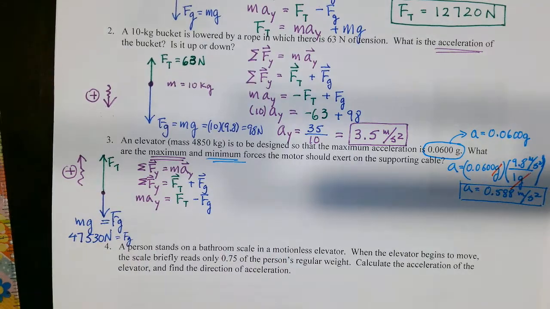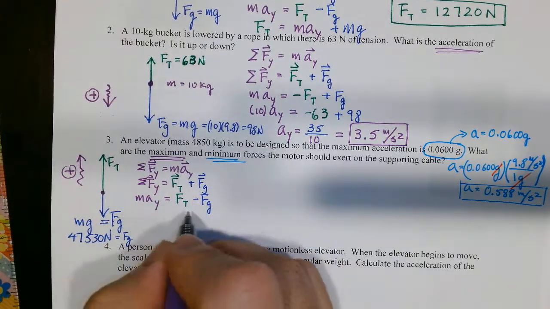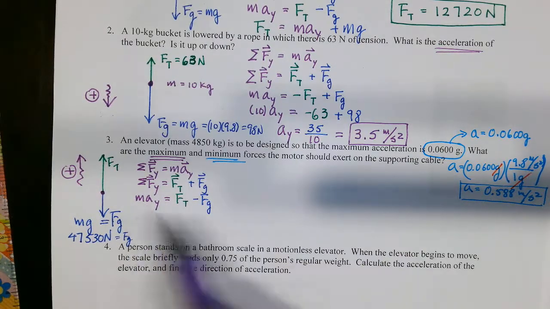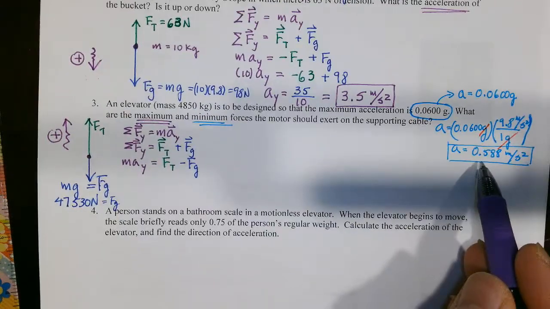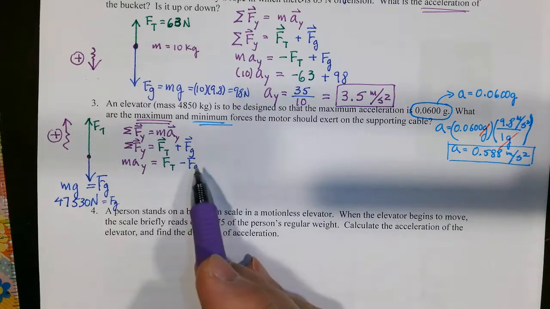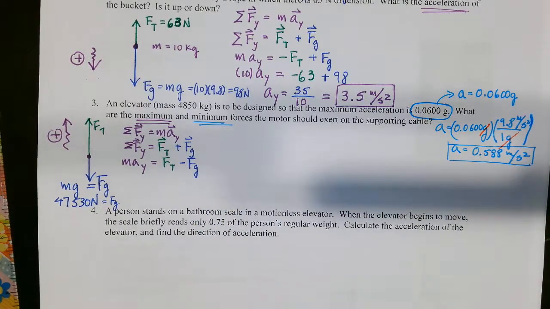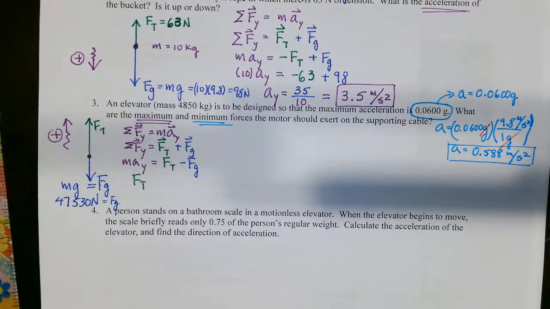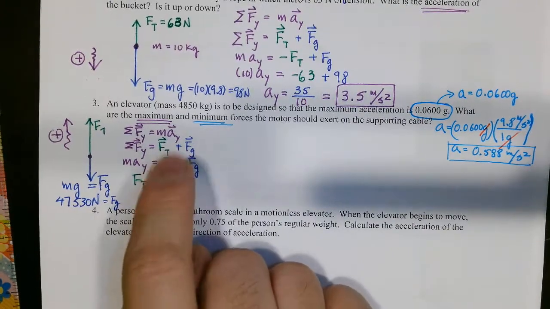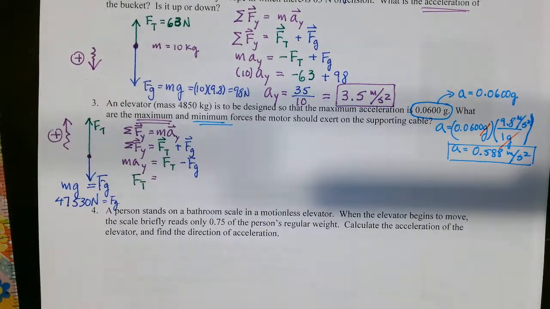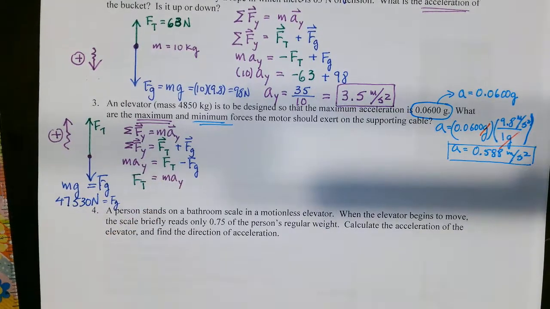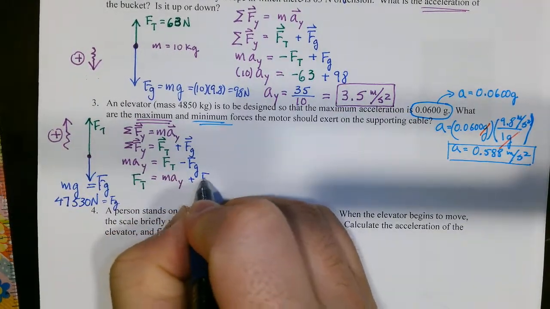So here, the mass of my elevator is 4,850. Acceleration is 0.588 meters per second squared. I know my Fg, so I can solve for my F tension. So F tension now is equal to ma plus Fg.